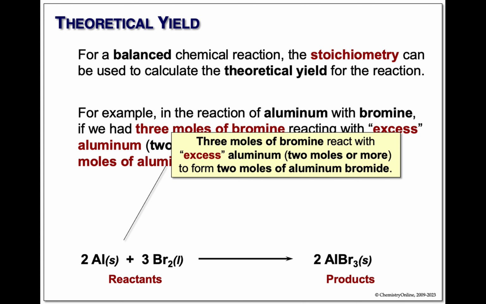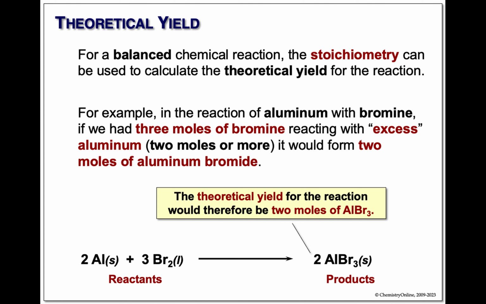You could do this either way, to form 2 moles of aluminum bromide. Either one could be in excess, doesn't matter. It's just one's left over. Okay, so this is our theoretical yield. The theoretical yield is 2 moles of aluminum bromide. Simple.